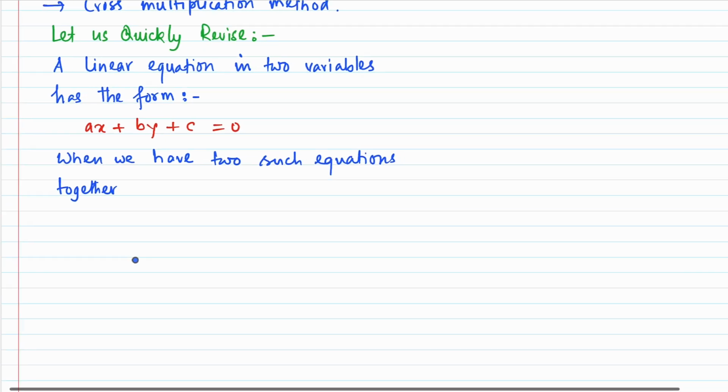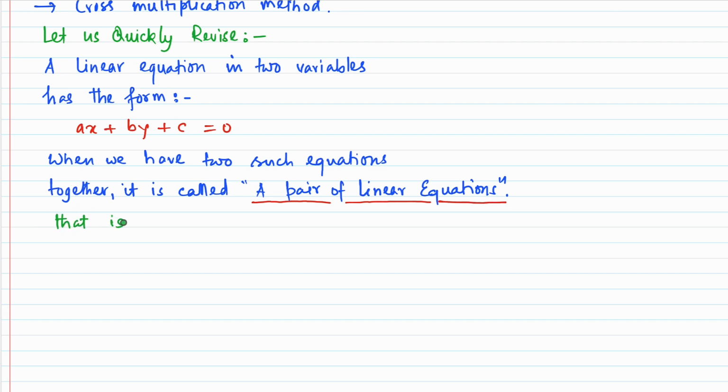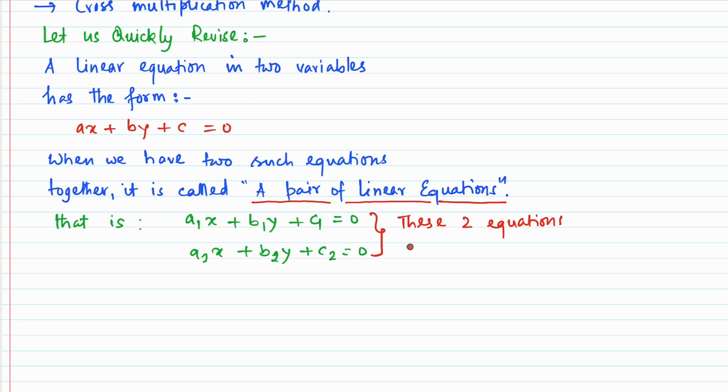When we have two such equations together, it is called a pair of linear equations. A pair of linear equations is denoted by a1 x plus b1 y plus c1 equal to 0 and a2 x plus b2 y plus c2 equal to 0, and these two equations form a pair of linear equations.